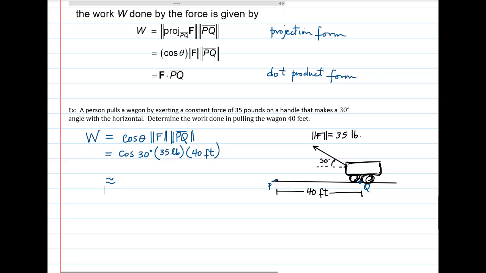Putting that in the calculator, evaluating cosine of 30 degrees times 35 times 40 gives you approximately 1,212.4 foot-pounds. So this is going to be our units for work. All right, and there we have it.